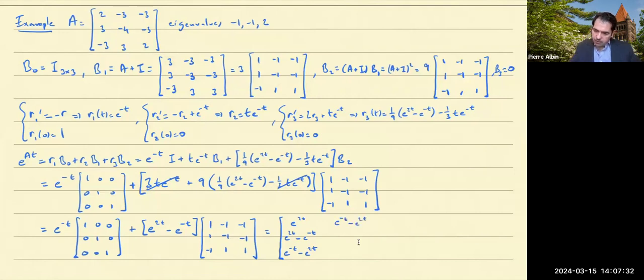Then here, let's see, I have e to the minus t, and then I subtract this, so that gives me 2e to the minus t minus e to the 2t, and then e to the 2t minus e to the minus t, e to the minus t minus e to the 2t, e to the minus t minus e to the 2t, and then this is again e to the 2t.